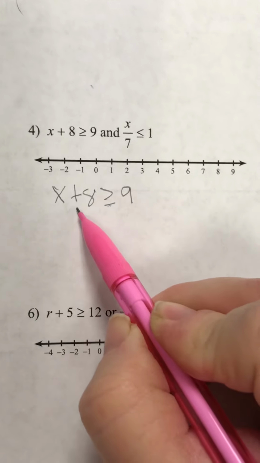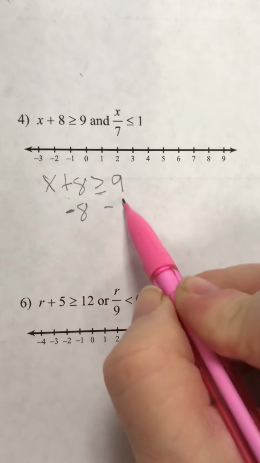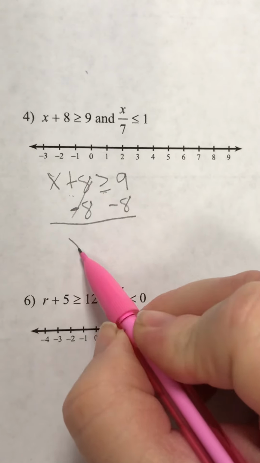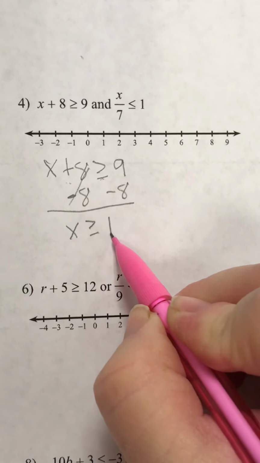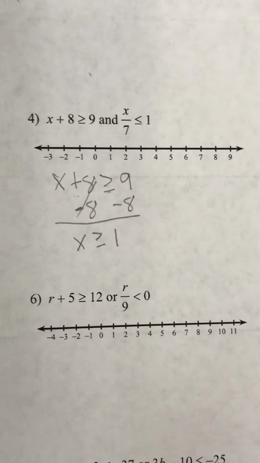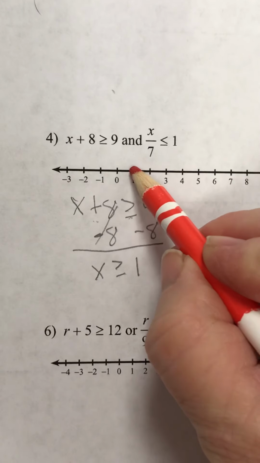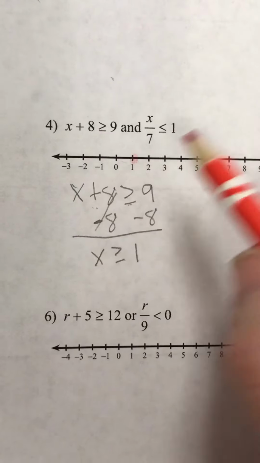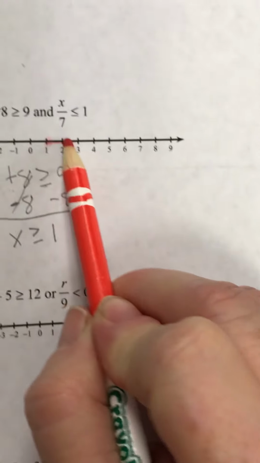So to get rid of that 8 so we can isolate our variable, we're going to subtract 8 from both sides. Those will cancel. x is greater than or equal to 1. So we come over here to 1. We'll make a dot. And it's going to be greater than.